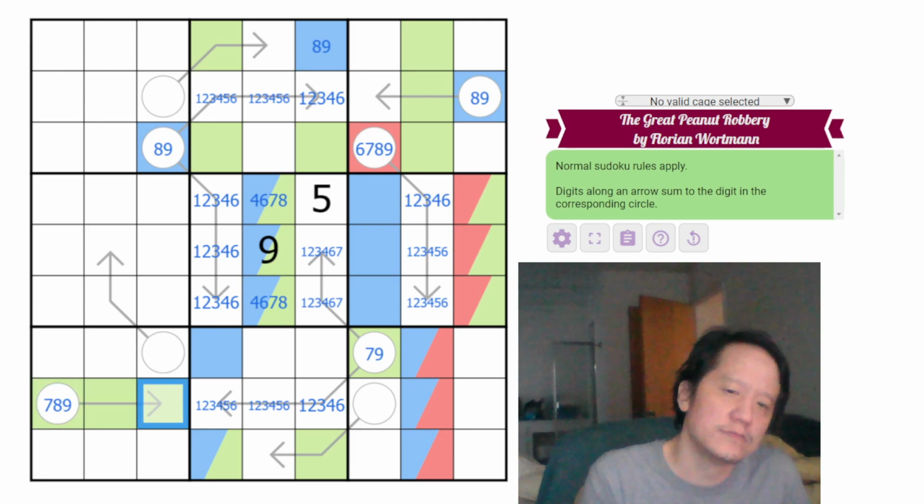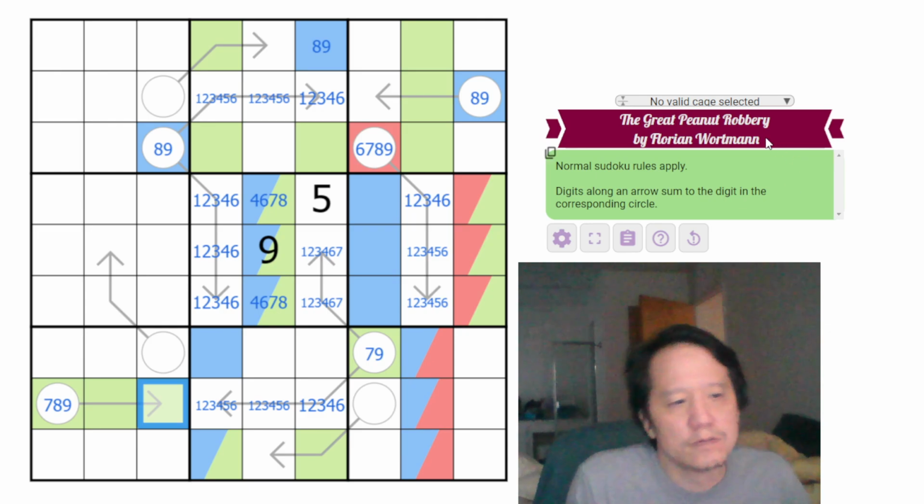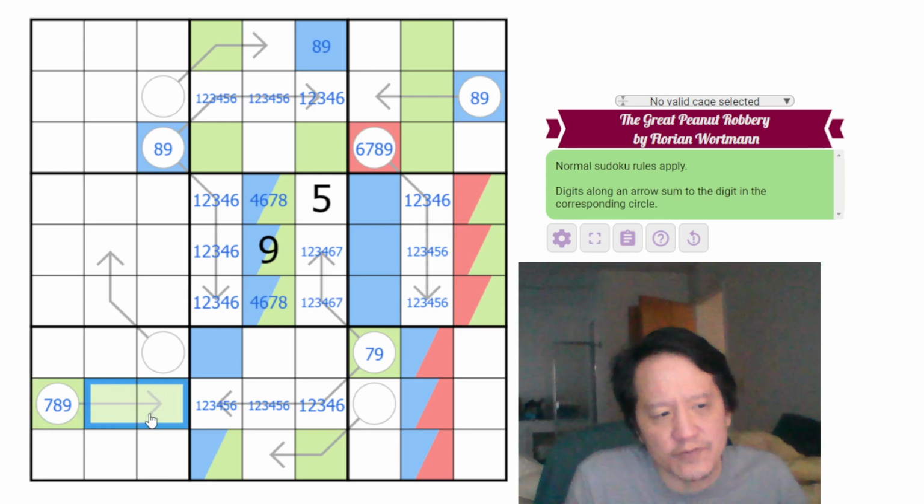So, if this was 7, could this be 8 or 9? I don't think so, right? If this is 7, this would have to be, and this is not 7. This would have to be 7. It would be 1 or 2. The problem is that we can't have 1 or 2 there, right?